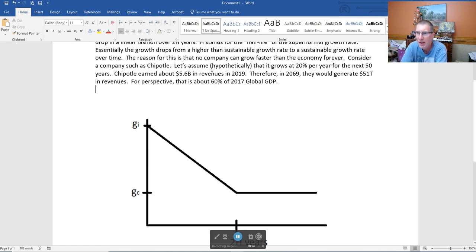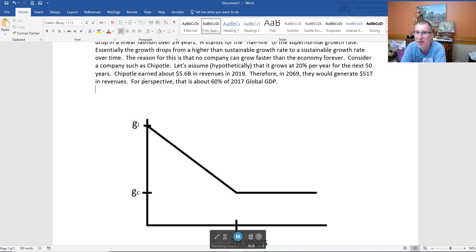And again, I mentioned the reason we don't assume growth forever at really high rates. Let's take Chipotle. Again, I'm just making these numbers up, but let's assume that Chipotle would grow at 20% per year for the next 50 years. Chipotle earned about $5.6 billion in revenues in 2019. So 50 years from then would be 2069, and they would be generating $51 trillion in revenues at that point.